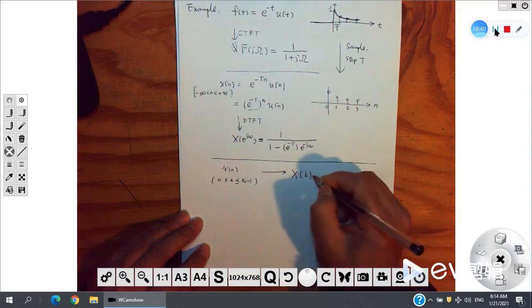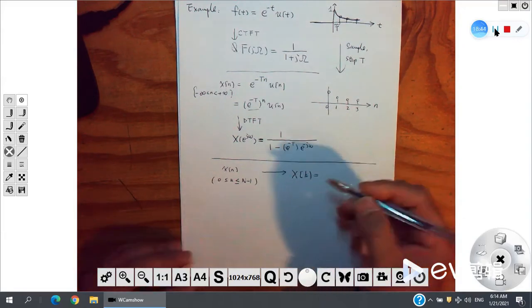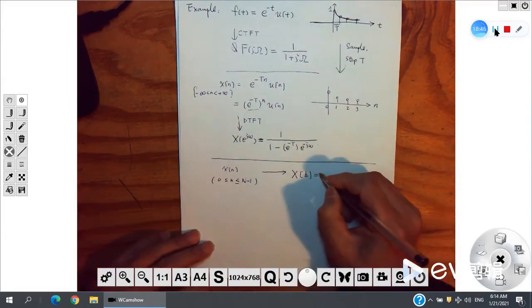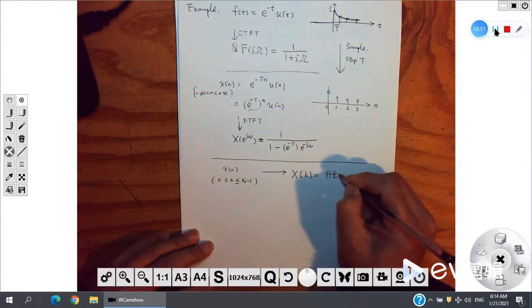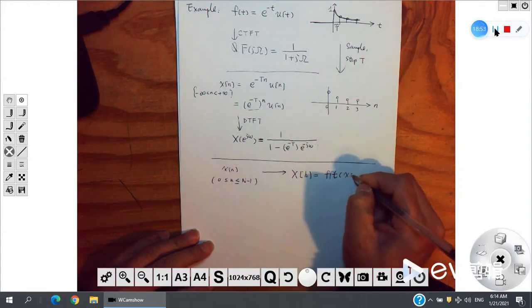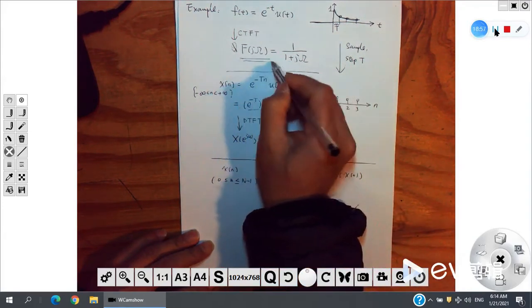We have three different ways to calculate it, right? The most convenient way, now that we have MATLAB, is to just use FFT of x of n. Alright, we have this function.